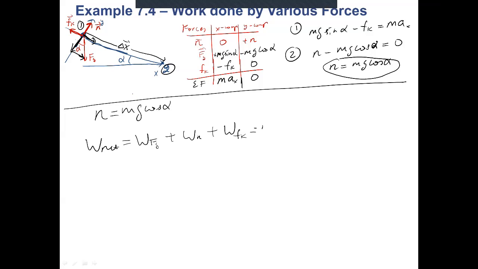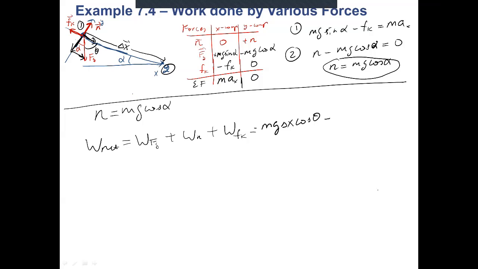Its magnitude, mg, times the displacement, delta x, times cosine of theta between the gravitational force, not the component, but the gravitational force, and the displacement vector. That's why I have this theta here.